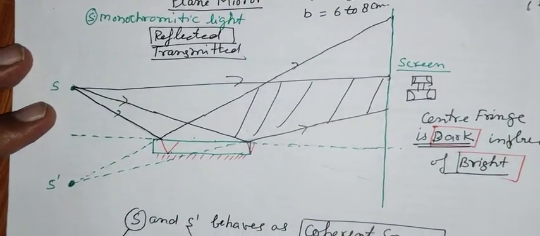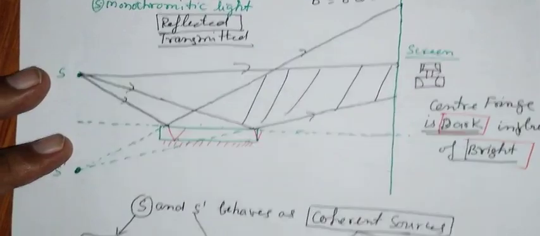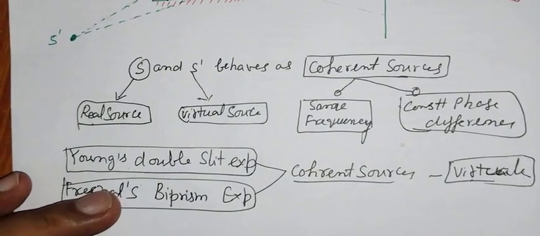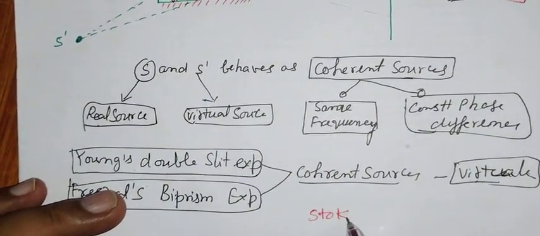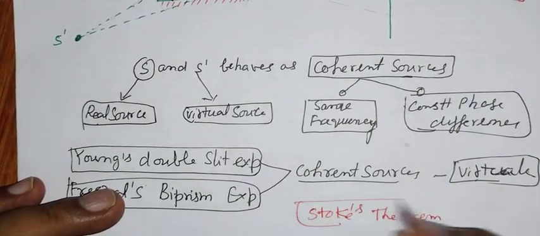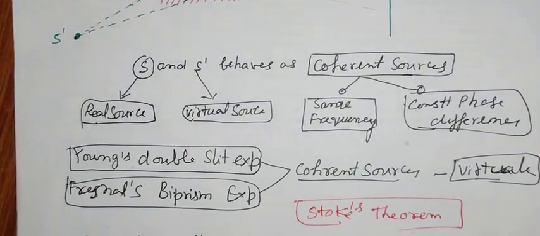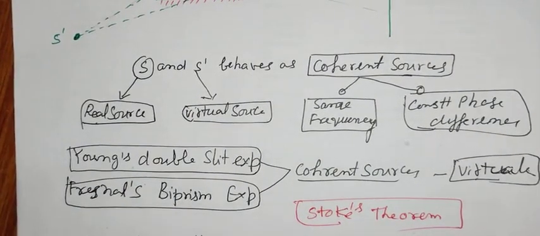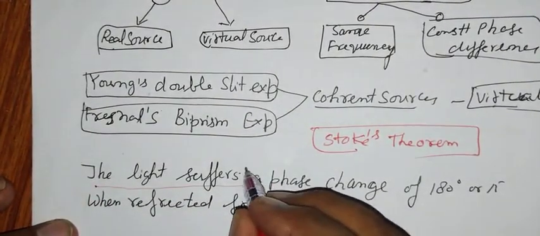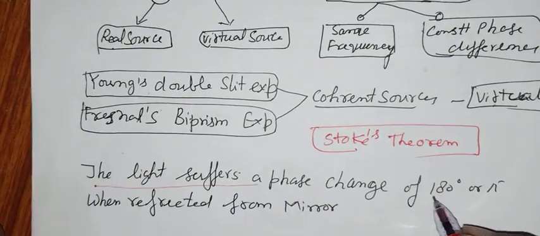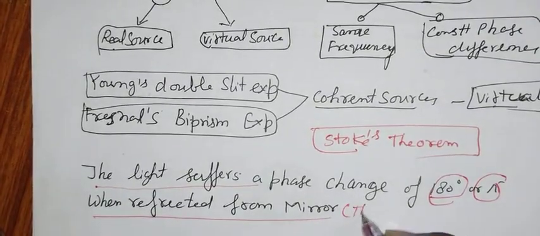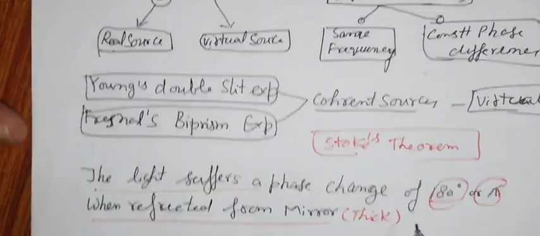Why does it appear dark? For that we have to see the famous Stokes theorem. According to this Stokes theorem, light suffers a phase change of pi, 180 degree, when reflected from a thick mirror, from lower and upper surface.